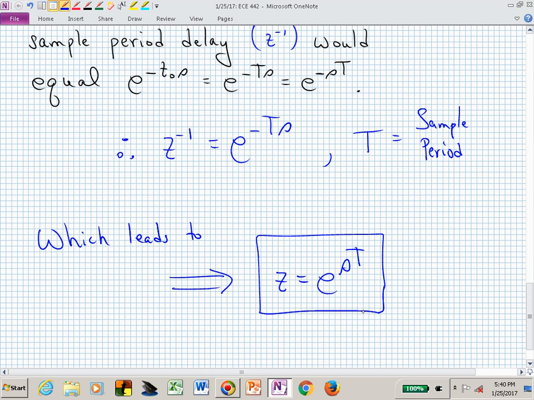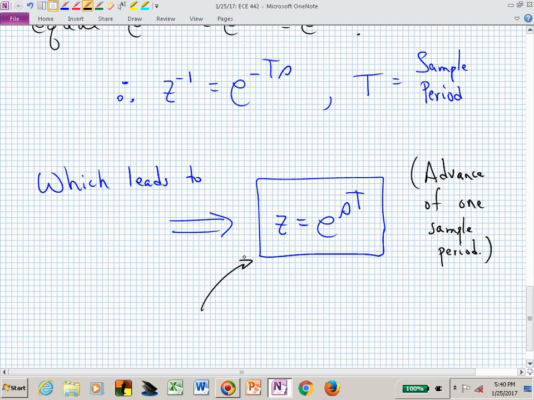And what was e to the minus sT? That was an operator that was corresponding to a sample delay. This is now e to the sT. Now z is equal to a 1 sample period advance. This is now an advance in time of 1 sample period.